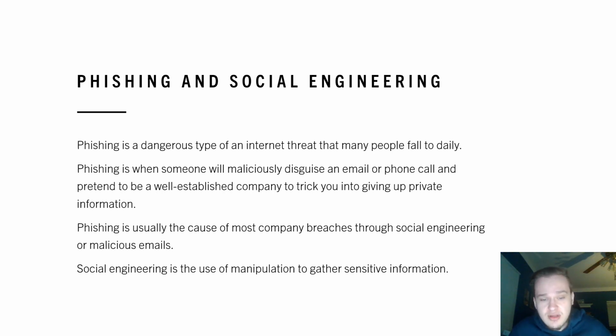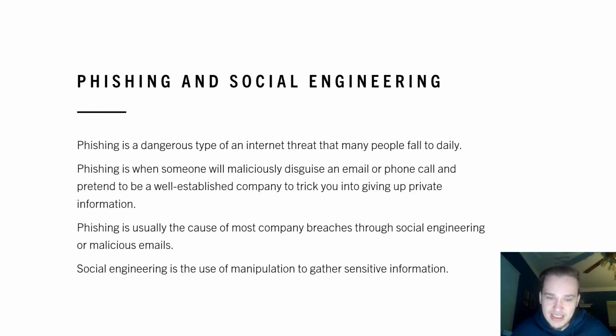Phishing is usually the cause of most company breaches, and this is from social engineering specifically. Many companies, I can think of a couple that happened at places that I've worked at, actually, people click on an email that seems to be from their boss, but actually it was from some hacker in a different country who was monitoring the company and found out a lot of information about it.